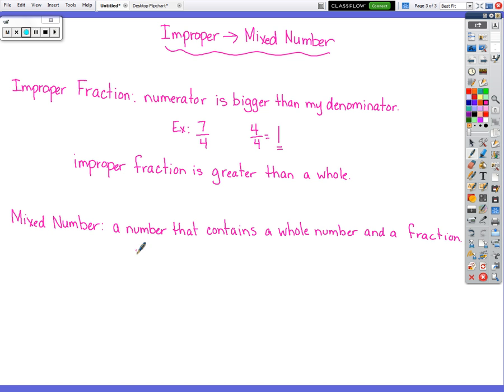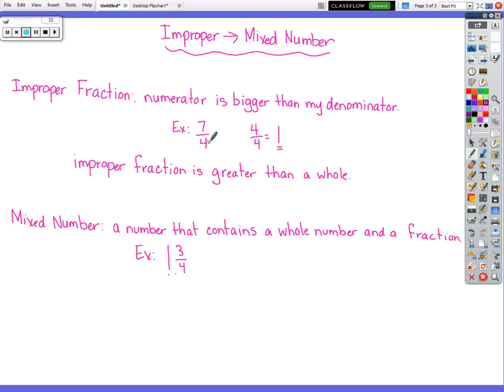My example for this might be 1 3/4. So it's both a whole number and a fraction. In today's lesson, we're going to talk about how to get from this to this. And then next time, we're going to talk about how to get from this to this.